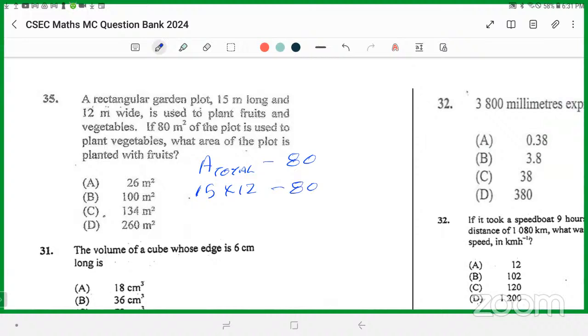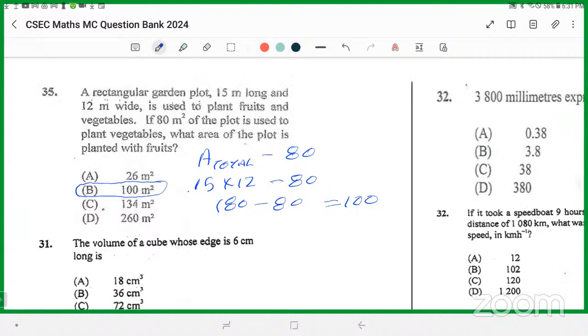What is 15 times 12? Or 12 times 15? Same as 6 times 30, which is 180. So it works out to 180. 180 minus 80 equals 100. So the area is 100 left. That is it.